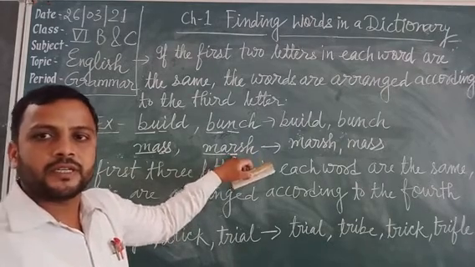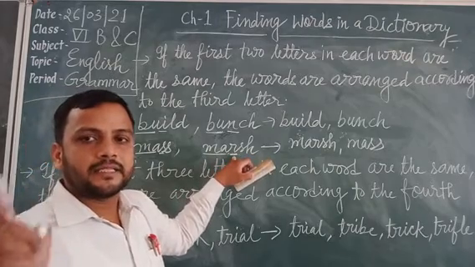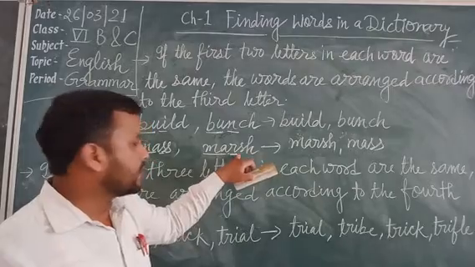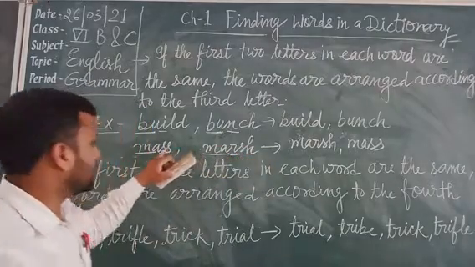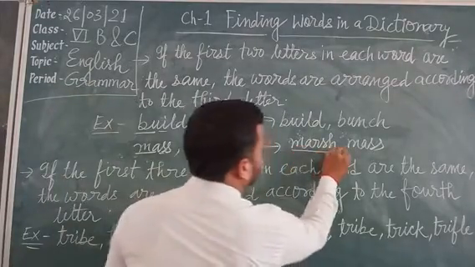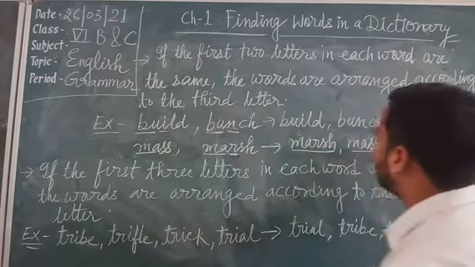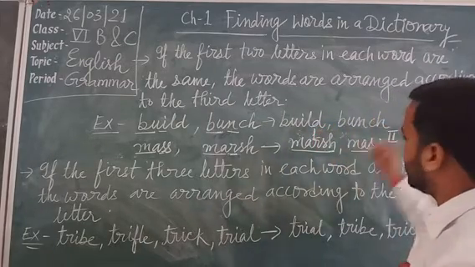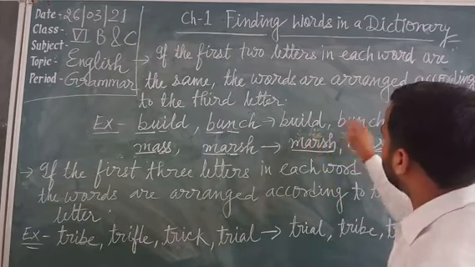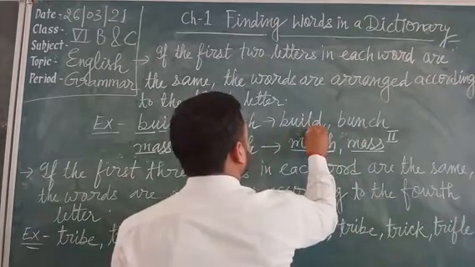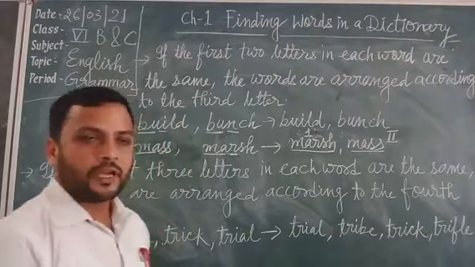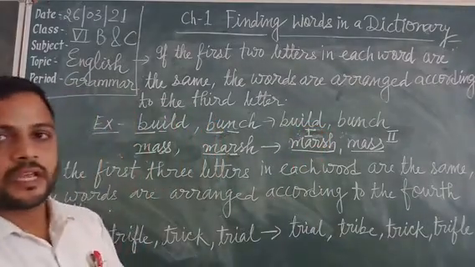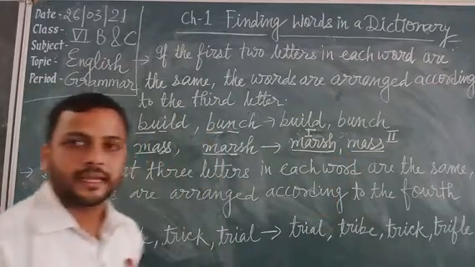A, B, C, D, E, F, G, H, I, J, K, L, M, N, O, P, Q, R. And after R, S will come. So marsh will be first, and then mass will be second.